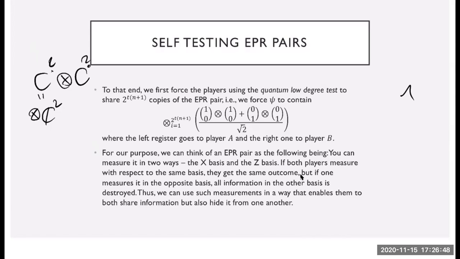Guy explained, at least in the first or second lecture, that the way I define the projective valued measure is just choosing a basis. So choosing a basis is the same as defining some measurement, some experiment that the provers need to do. When I say that they measure according to the z basis, I mean this basis. And when I say that they are measuring according to the x basis, I mean this basis. Okay, so 45 degrees apart.